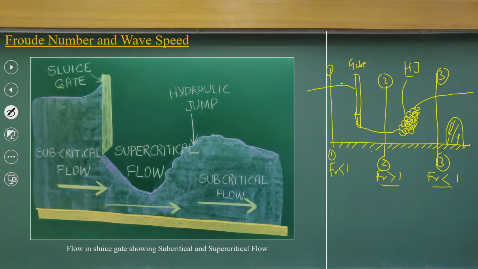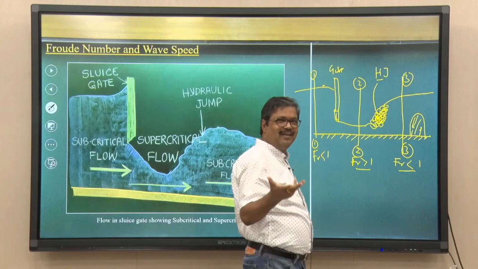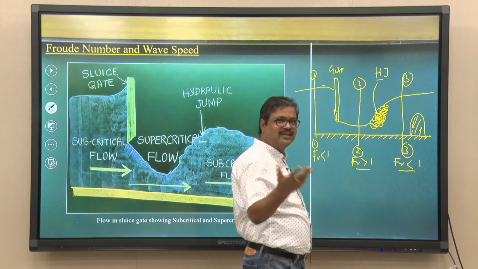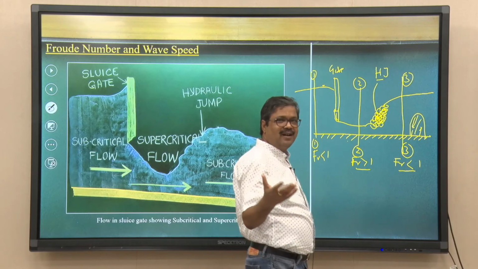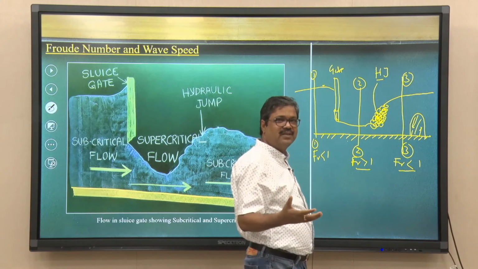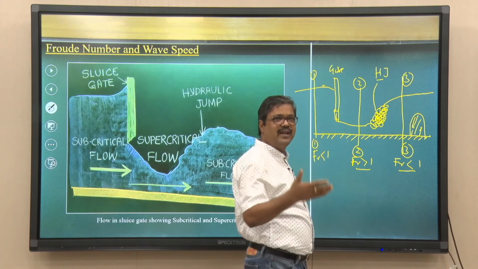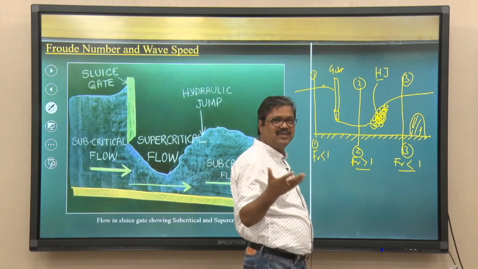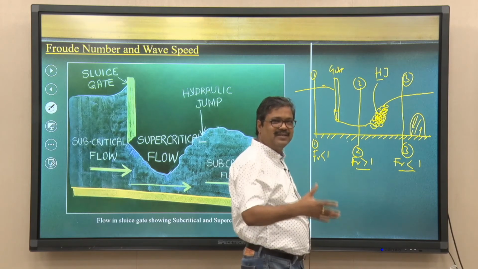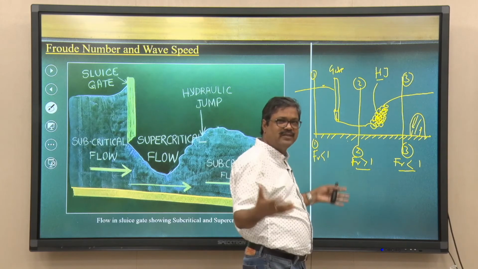If you visit any spillway or dam structure, or today just browse on Google, you can see how hydraulic jump formations happen just downstream of a dam project. Especially during the monsoon periods, you can see the noise and the turbulence structures.